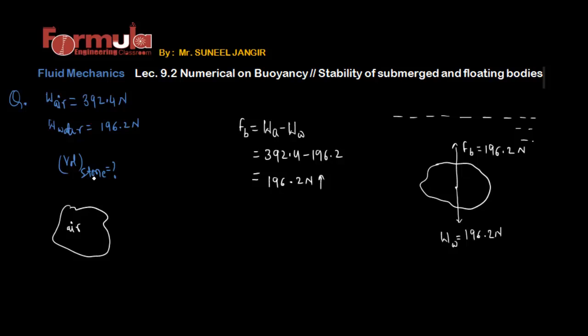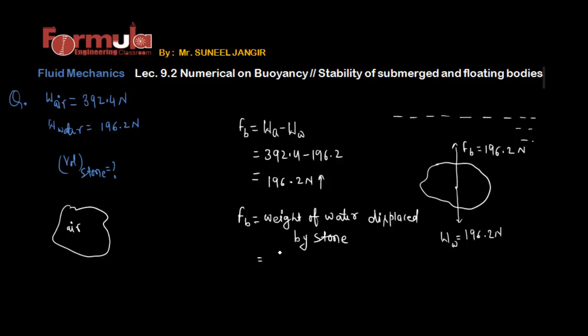But we are interested in calculating the volume of this stone. From our previous discussion, the buoyant force is simply the weight of fluid displaced by the body. So this buoyant force FB is the weight of water displaced by the stone.